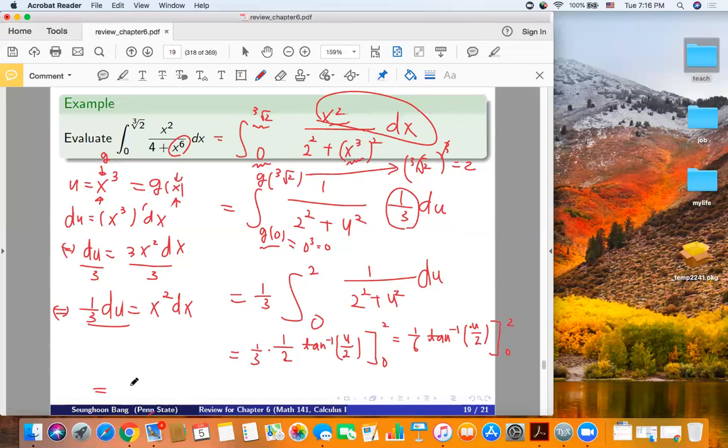Next you plug in: 1 over 6 inverse tangent of 2 over 2 minus 1 over 6 inverse tangent of 0 over 2. Right? So we have this result so far.